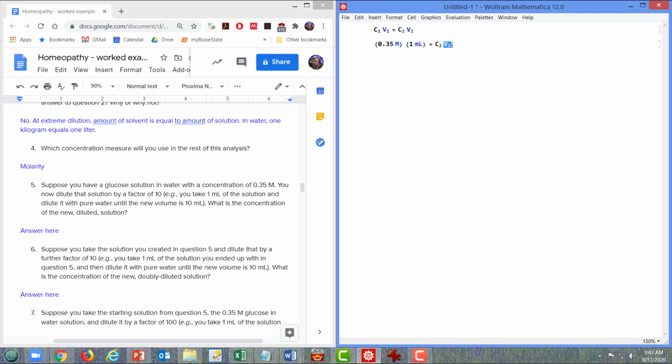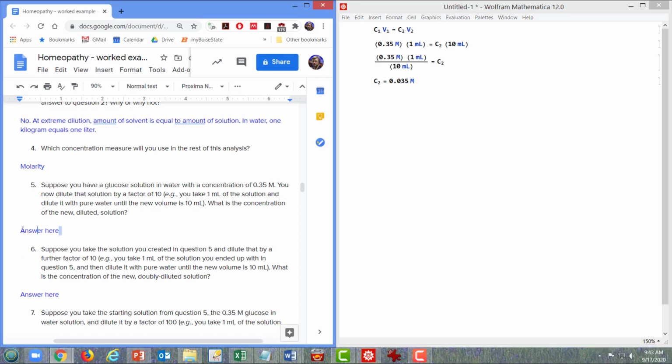We are diluting this to 10 milliliters. So we now solve for C2. How do we do that? Well, let's take this whole side. We're going to divide both sides by the 10 milliliters, like so. The 10 milliliters cancel, and we end up with C2 equals 0.035 molar. So we will put that answer right here.